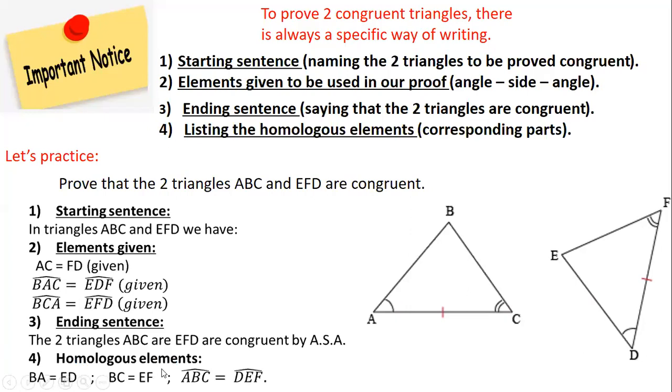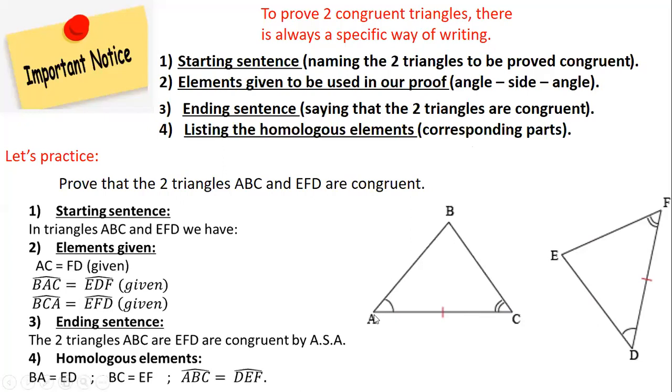Now, what do I mean by homologous elements or corresponding parts? After proving that the triangle ABC is congruent with the triangle EFD, then the three angles in the first triangle will be equal to the three angles in the second triangle.